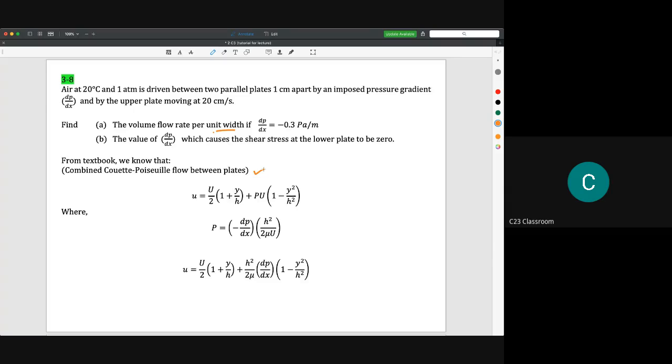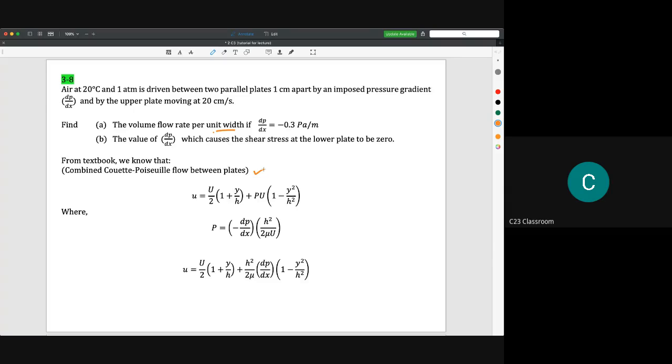So that means we have moving plates, but the pressure actually exists. According to our basic notes, in Couette flow the pressure does not exist, because we assume it is open to atmospheric pressure, so the pressure is equal to the atmospheric pressure. In a normal situation we calculate in gauge pressure, so the atmospheric pressure is equal to 0.